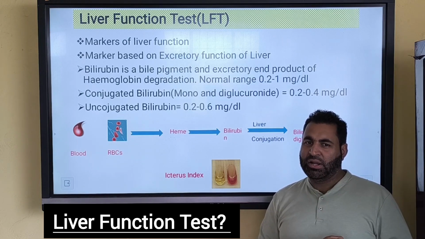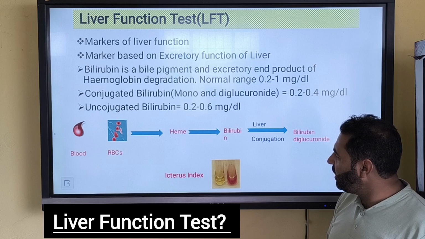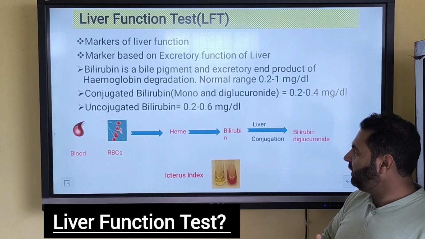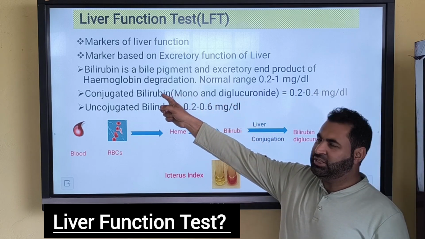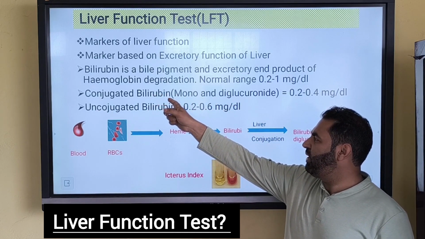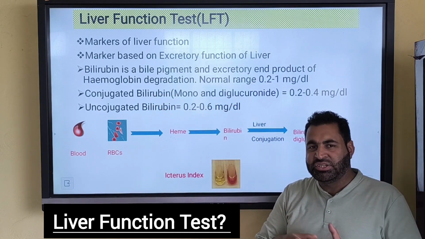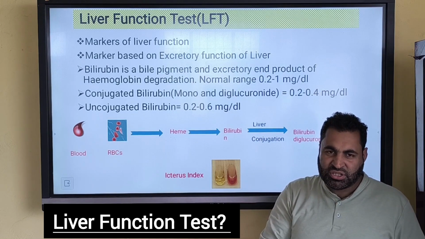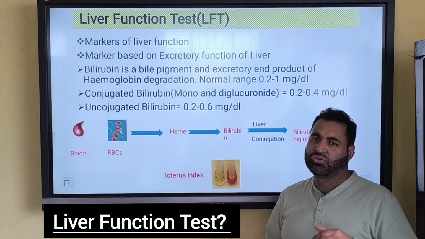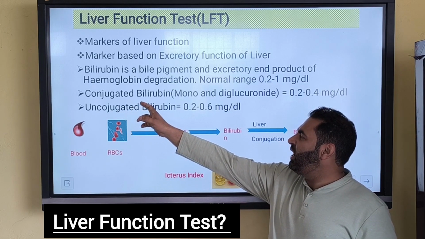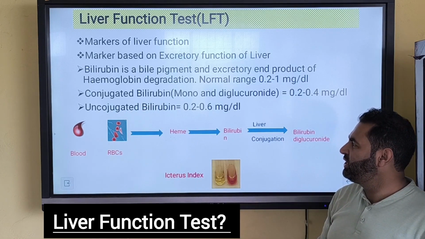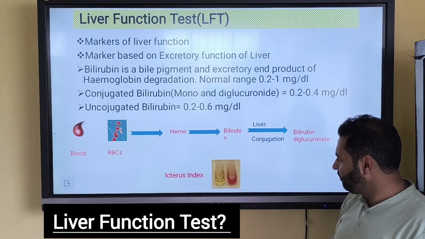Then that bilirubin is made water soluble by our liver by adding mono or diglucuronide, making it conjugated bilirubin. Conjugated bilirubin is water soluble, and it can be excreted through our urine. Some of the bilirubin is unconjugated, so it is water insoluble.